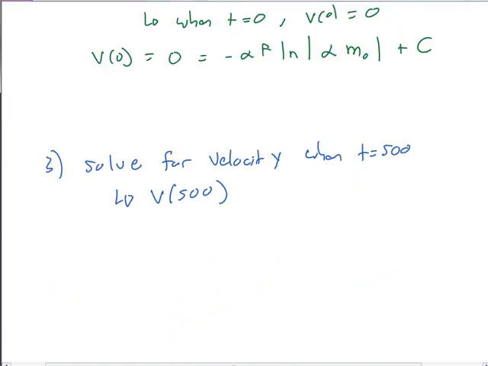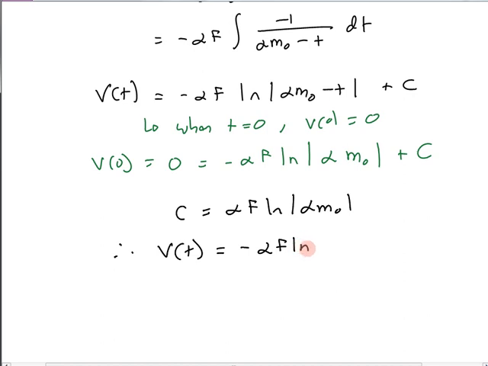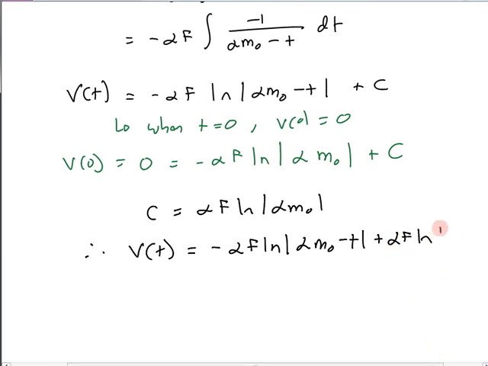Or in other words, c is equal to alpha f times the natural log of alpha m naught. And so overall, the velocity is negative alpha f times the natural log of alpha m naught take t plus alpha f times the natural log of alpha m naught.